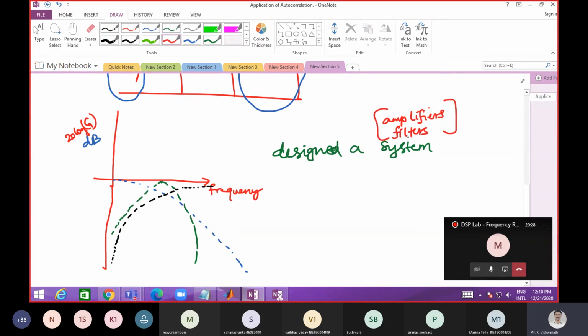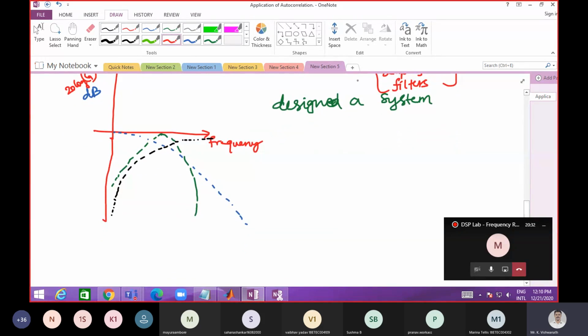So you would have designed different systems, and you have to study the frequency response characteristics. You would have plotted or analyzed the frequency response characteristics.